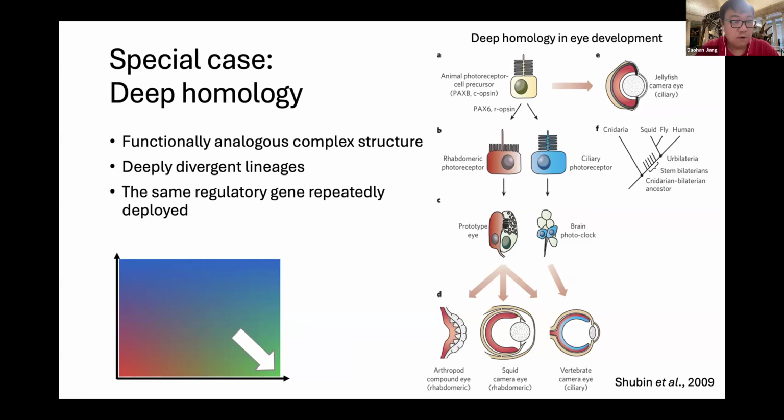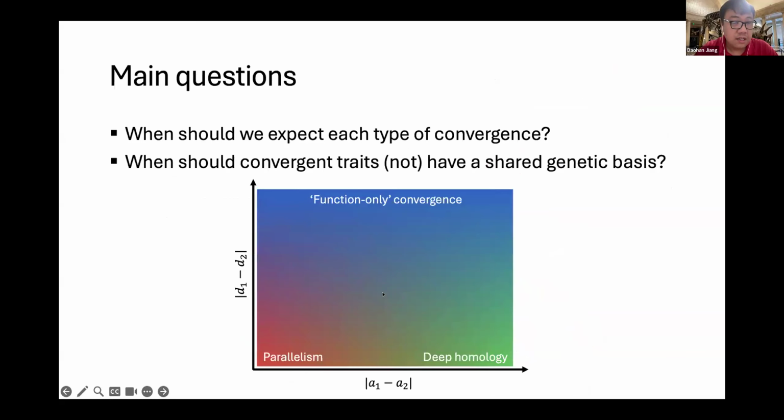A textbook example of deep homology is the evolution of eyes in deeply divergent animal groups. Together, the observations include cases all over the parameter space. The question I am asking here is, when should each type of convergence be expected? When should convergent traits have a shared genetic basis?